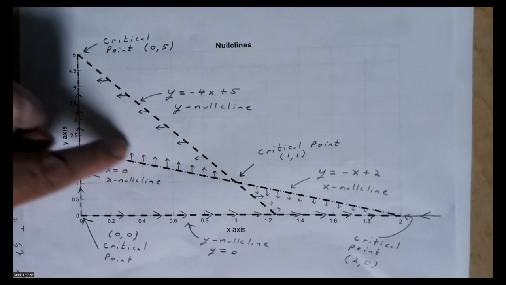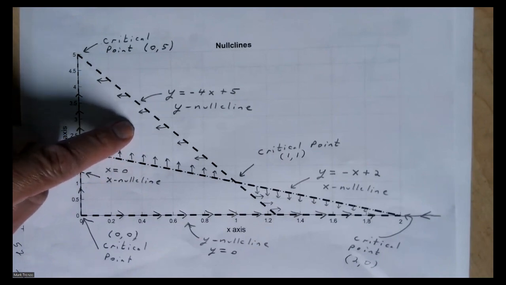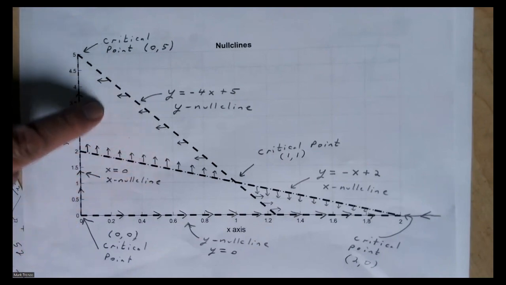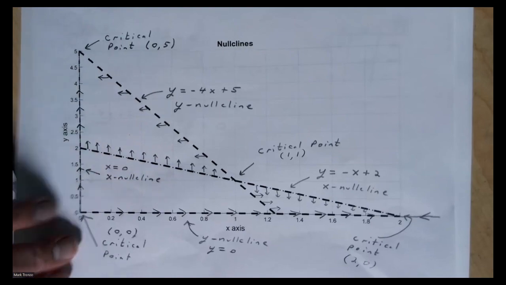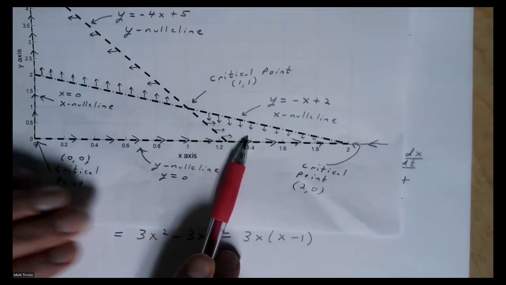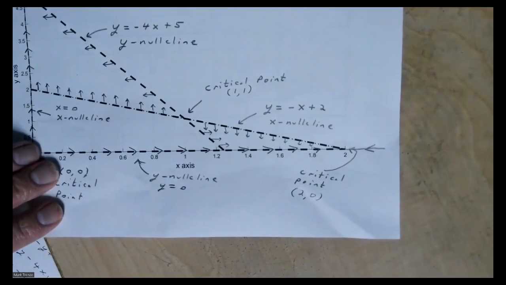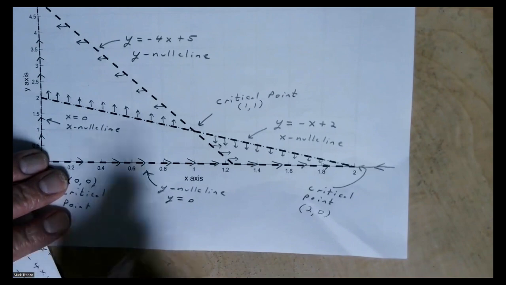So this is called an invariant region. Any initial condition that starts in here, the solution will stay in here. Now let's look down here. Notice this is another invariant region because everything is pointing in towards the center of this region.